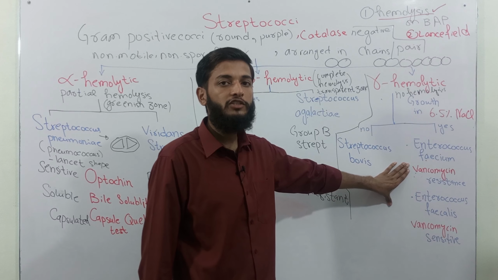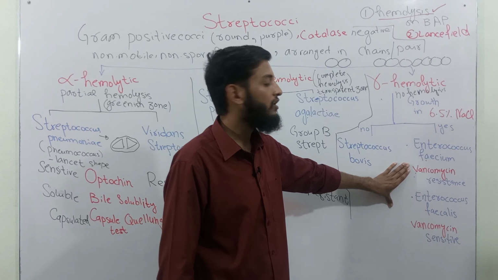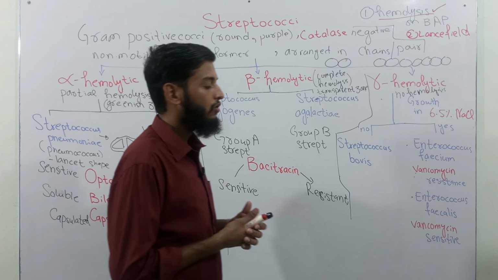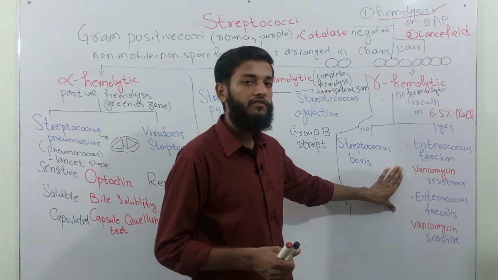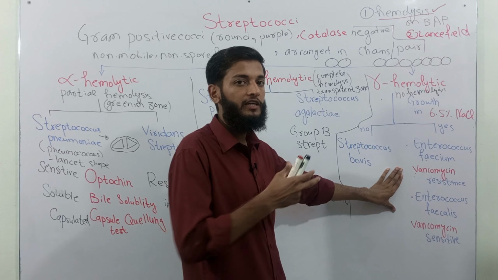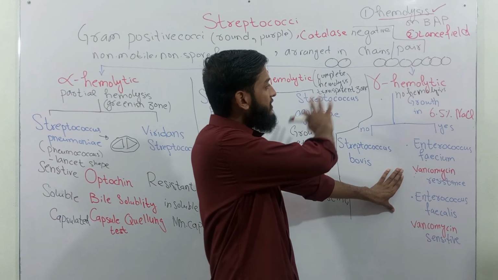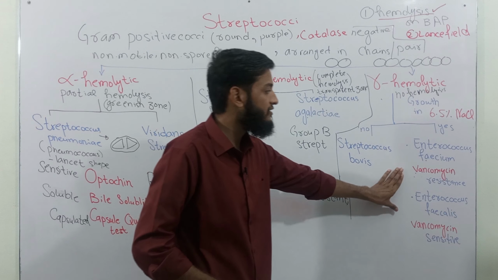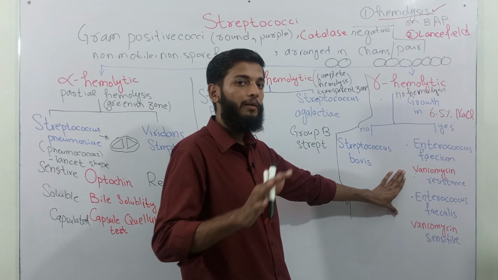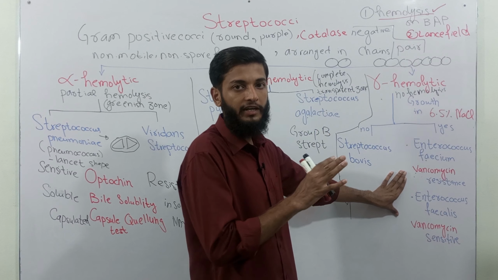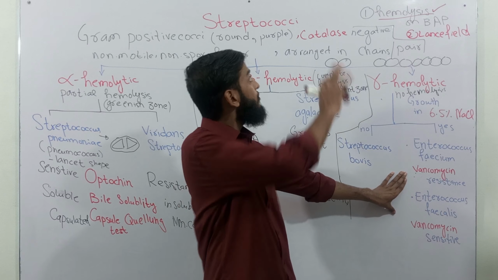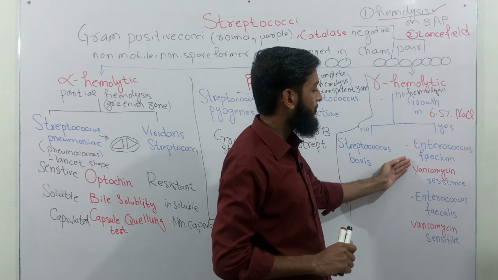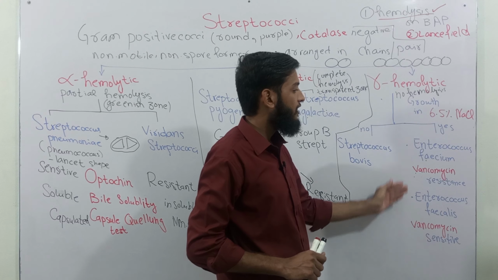In the old classification of streptococci, Enterococcus were also included under Streptococci. But now Enterococcus have their own genus. They are separated from Streptococci. But this classification is an old classification on the basis of hemolysis, so we are discussing Enterococcus here. But remember, Enterococci are separated and differentiated from this Streptococci classification.